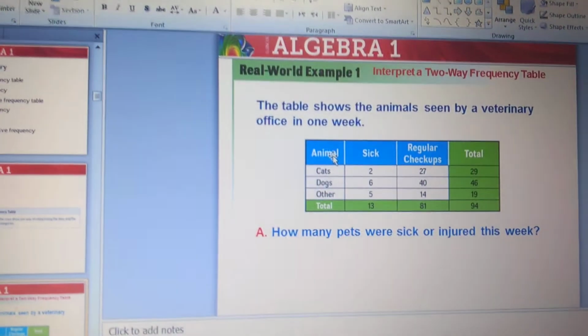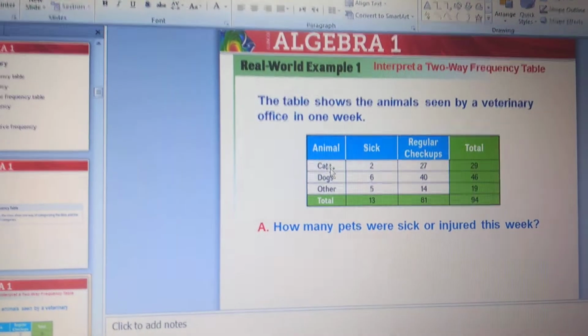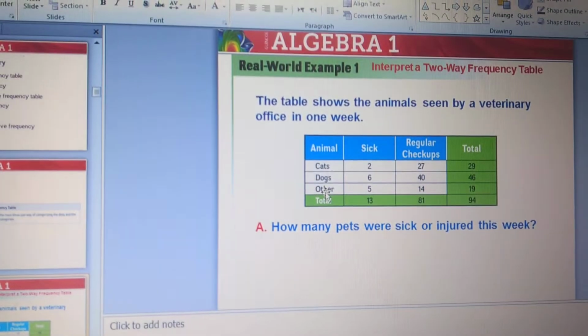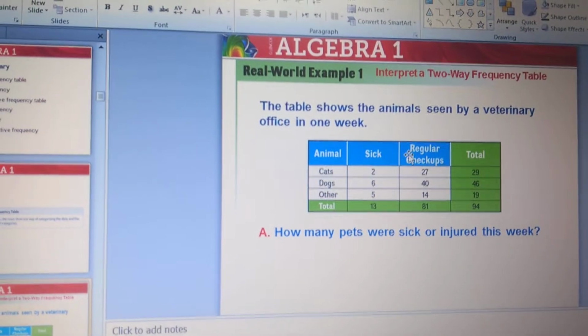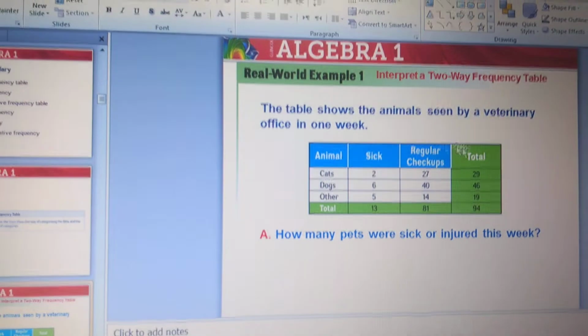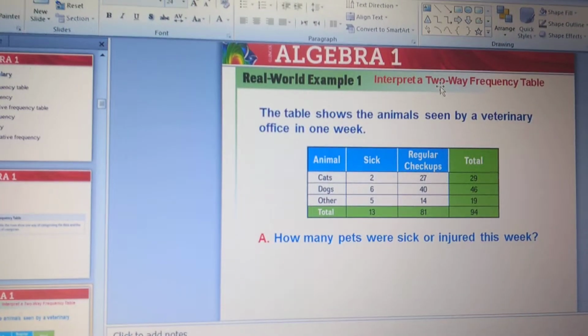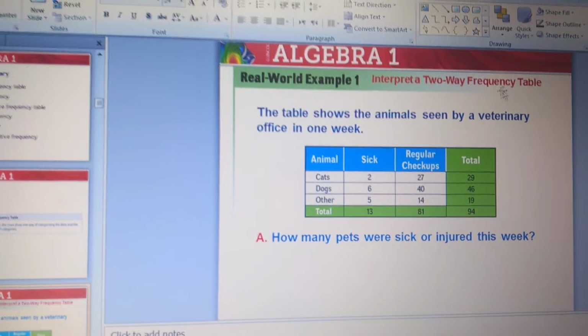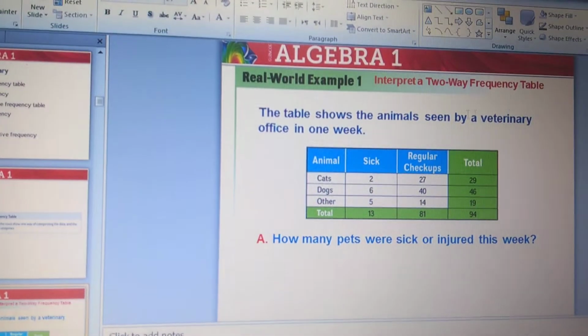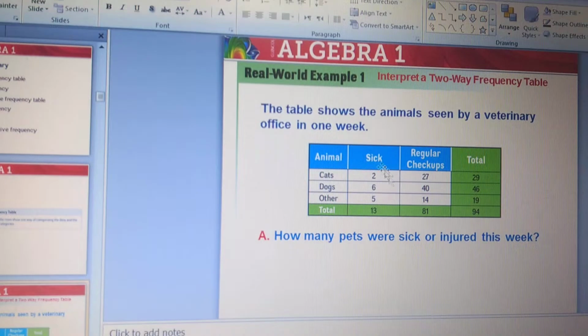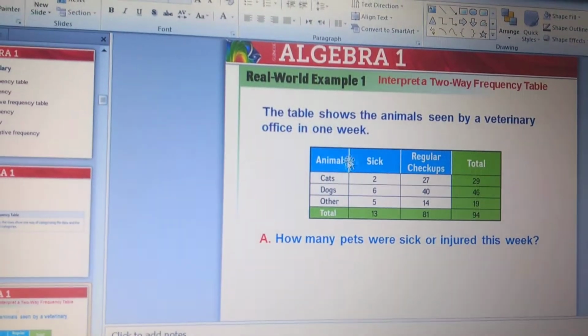As you can notice here, for the animal we have three kinds: cats, dogs, and others. Sick or regular checkup. We call this a two-way frequency table because it explains the data, dividing them into two categories.